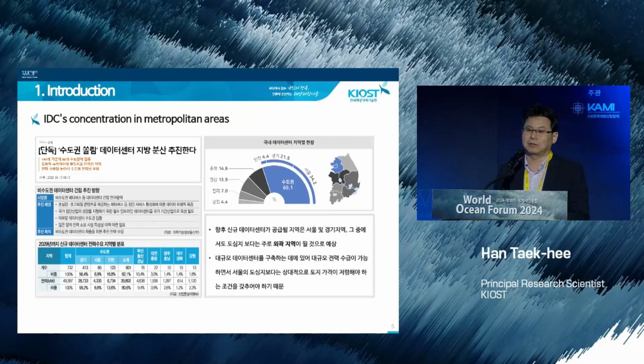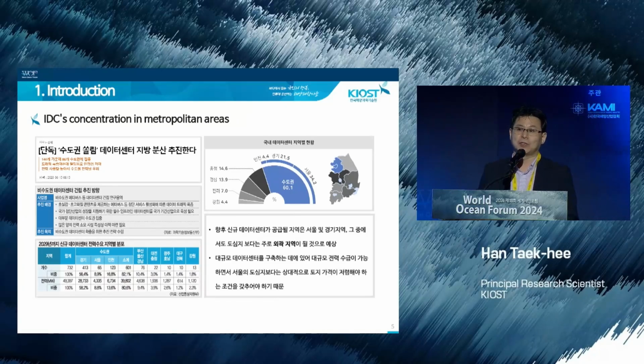So hyperscale data centers are what we are talking about. These hyper data centers have more than 100,000 servers. And another issue here is that all these data centers are located in or near capital areas.